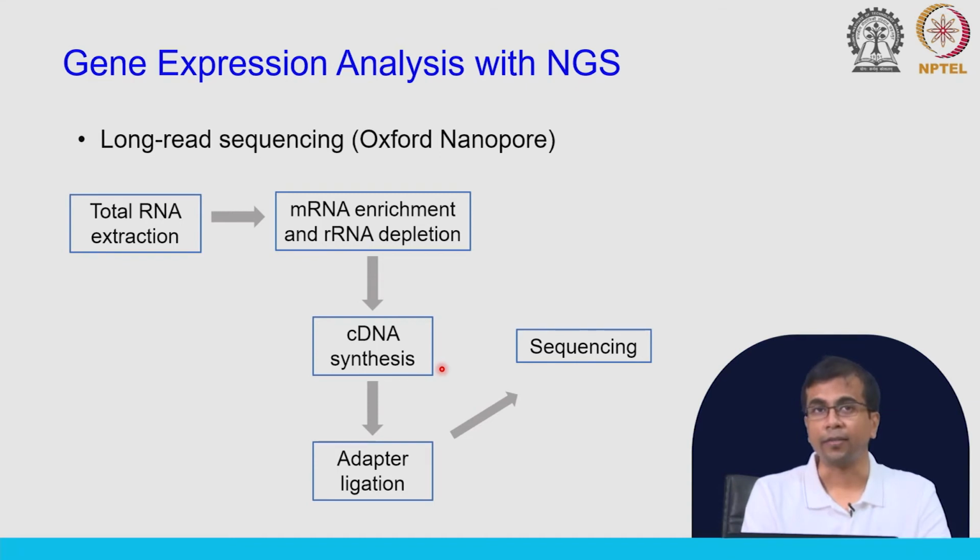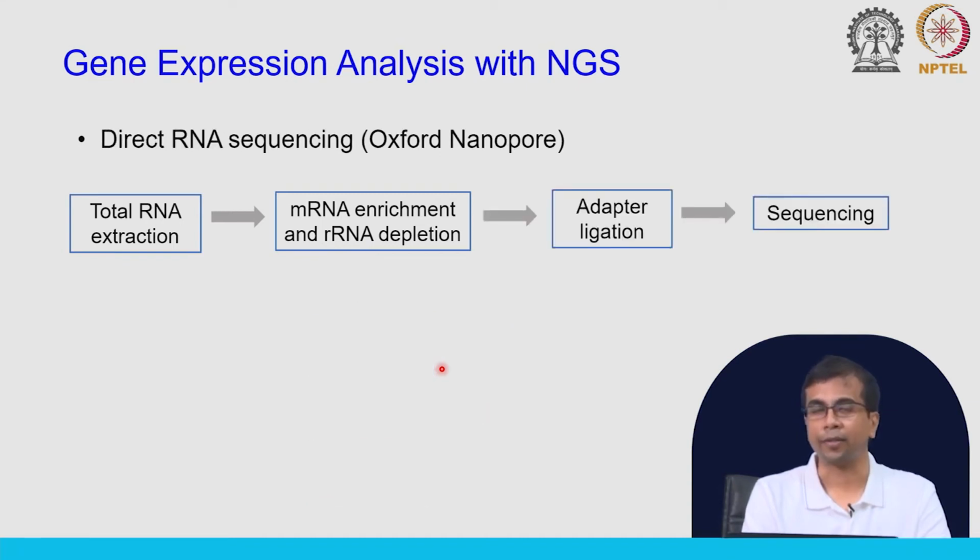The direct RNA sequencing using Oxford Nanopore is actually much simpler, and you can see you go from total RNA extraction to mRNA enrichment and then adapter ligation and sequencing. This direct protocol might be quite useful in some cases, because you are introducing fewer amplification steps, and this might give us better results.